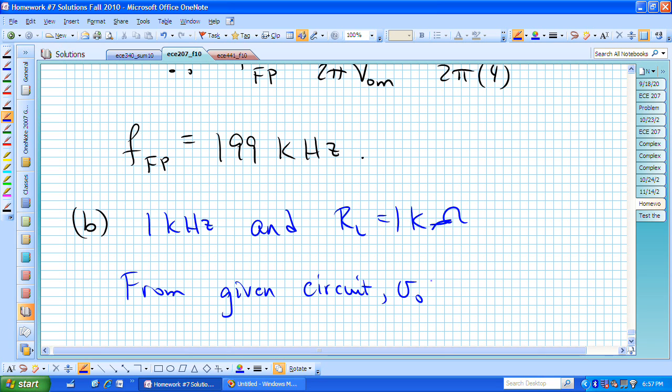But from our given circuit, we know that our output voltage is 1 plus this ratio of R2 to R1.